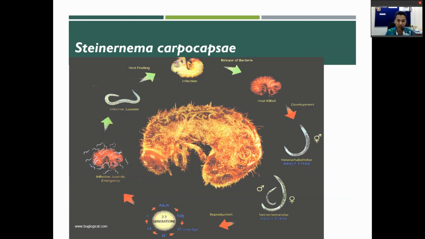And here is another figure. I'm not quite sure that you can see this pretty clearly, but this is some sort of bug that has a parasite infecting it. You can see all the worms just staying inside here, and that can eventually destroy it. This is what we call biocontrol.